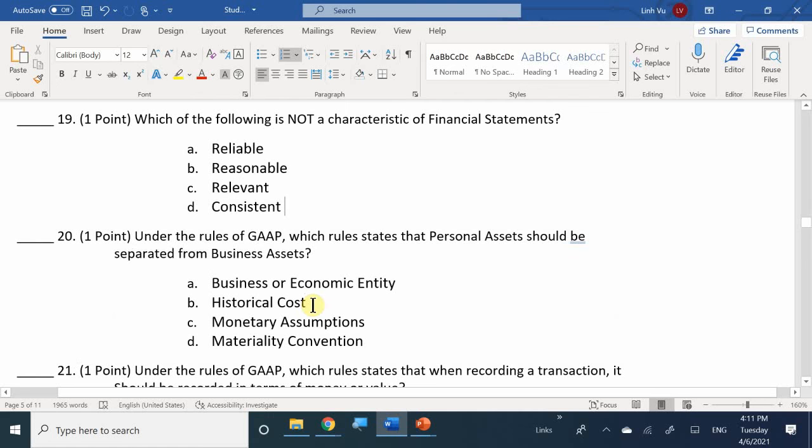Okay, under the rules of GAAP, which rule states that a personal asset should be separate from your business assets? A, business or economic entity. Okay, so right from here, this is the definition, right? We need to keep our business separate from our personal, so A is the correct answer.